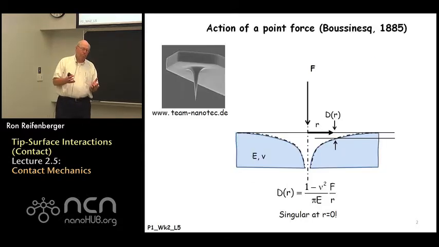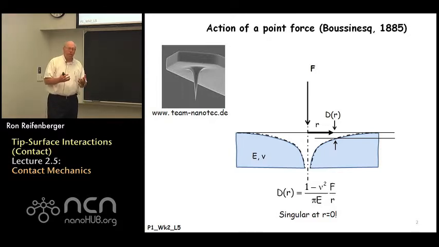So let's start with a simple question. What happens when you push a tip into a solid slab of material with a certain force F? Well, there are many different approximations that you might make to that physical situation.